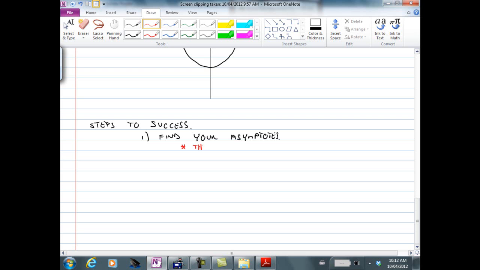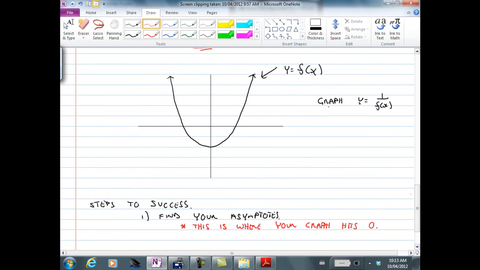This is where your graph hits 0. So find where the graph hits 0, and put a dot at those 2 points right now.